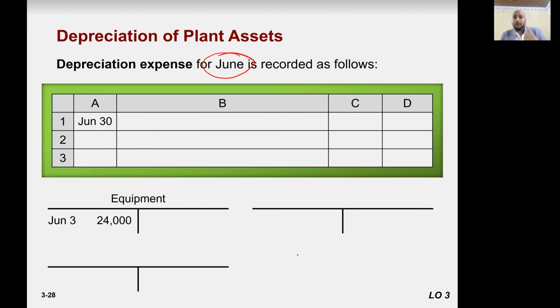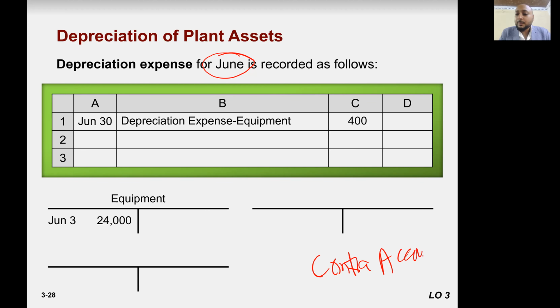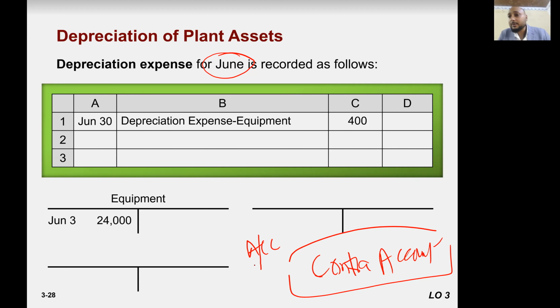So the allocation of expense, normally what we do, expense to asset. But here in depreciation, we create a contra account. We call this accumulated depreciation, so that we know how much depreciation we have recorded until its life.